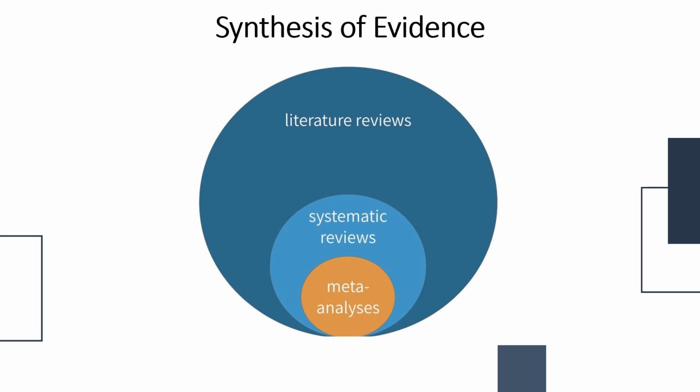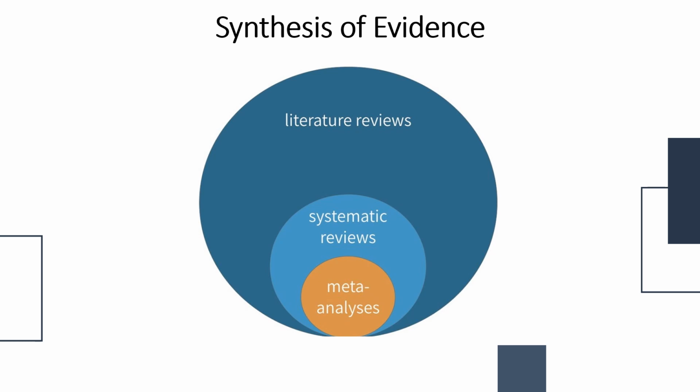So let's come on and think about synthesis of evidence for our secondary studies. Under this umbrella, you have your narrative or simple literature reviews. These are where you research a topic, you summarize the evidence, and you present it in a research paper.